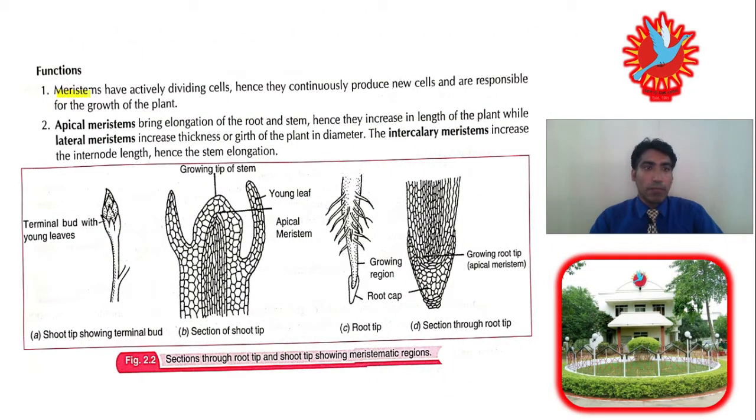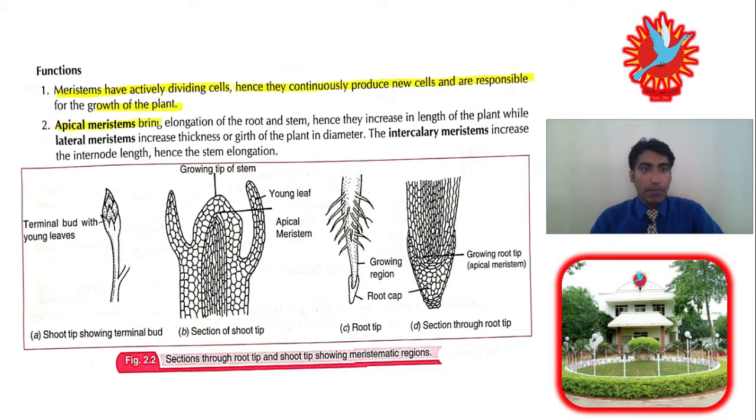Meristem has actively dividing cells because the cells present in the meristematic tissues continuously keep on dividing. Hence, they continuously produce new cells and are responsible for the growth of the plant. So they provide growth in length as well as width.